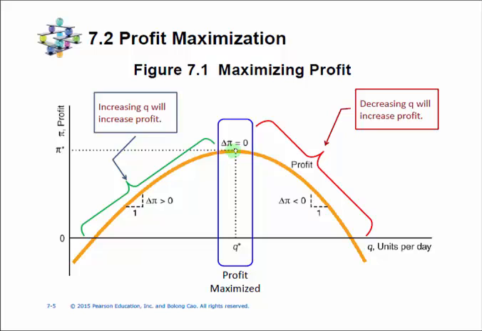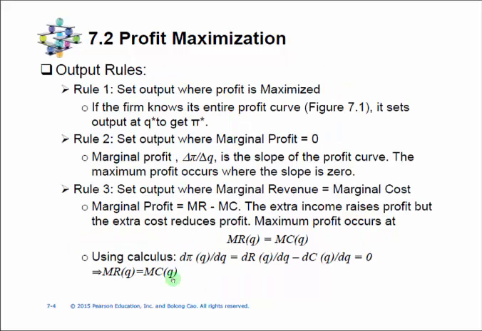And then when marginal profit is 0, basically you have marginal revenue equal to marginal cost. And we will talk about the calculus later on. What it says is basically we want a marginal profit equal to 0, and because profit equals revenue minus cost, you differentiate profit against the quantity, which equals the revenue differentiated against quantity minus the cost differentiated against the quantity.